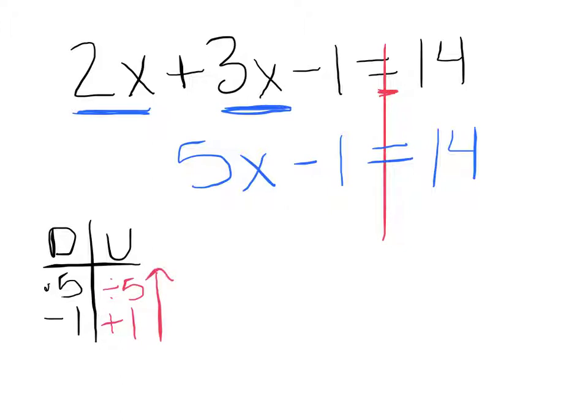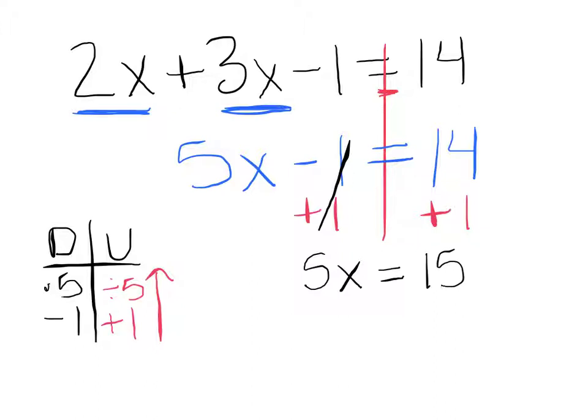So let's do it. First thing I need to do is add 1. Plus 1, plus 1. Remember our rule about balancing equations, same thing on both sides. So -1 plus 1 is 0, so they cancel out, and I am left with 5 x's on one side. 14 plus 1 is 15. So now I'm at 5x equals 15.